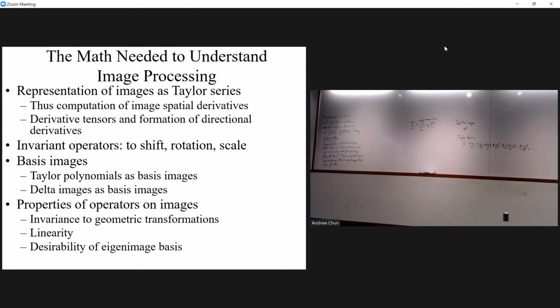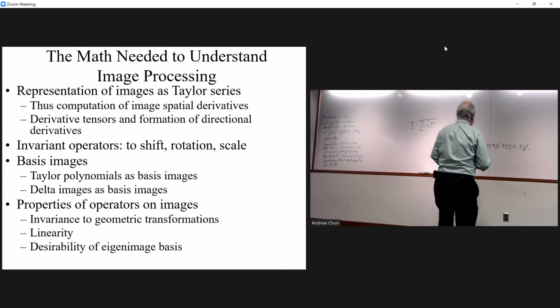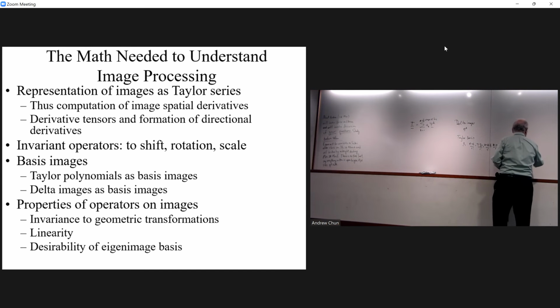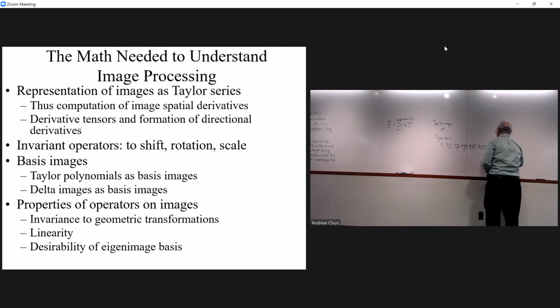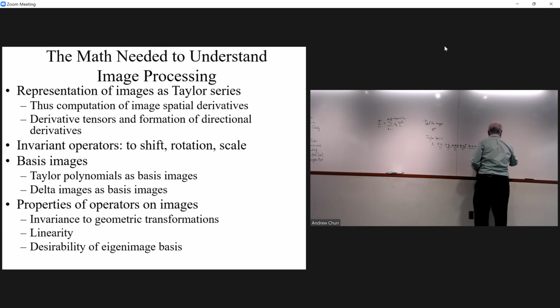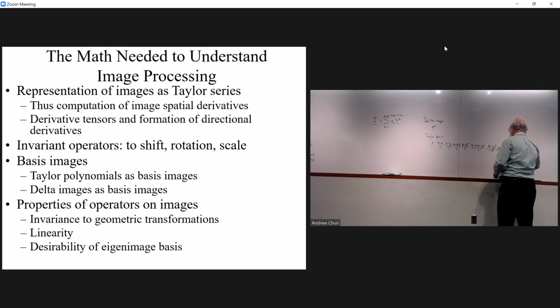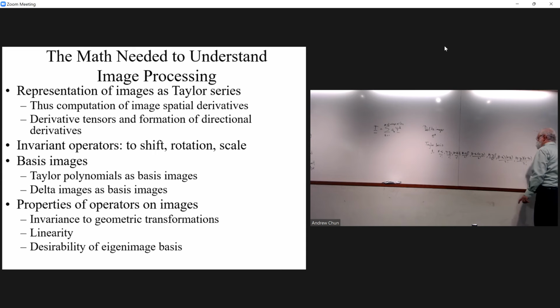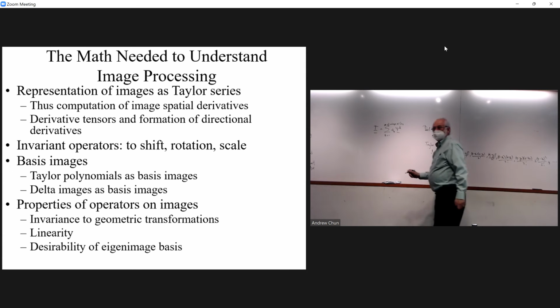Notice that if it's in three dimensions, I'm going to also have z minus z0 over 2 factorial, and y minus y0, z minus z0 over 2 factorial, and z minus z0 squared over 2 factorial, and then higher order terms, the cubic terms, and so on.